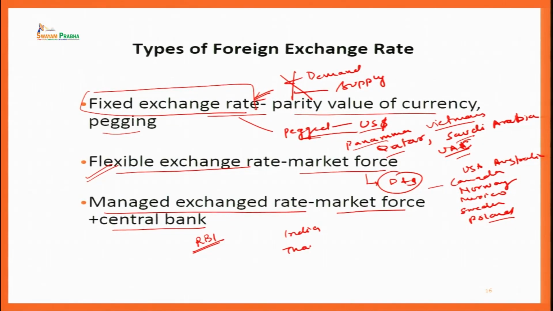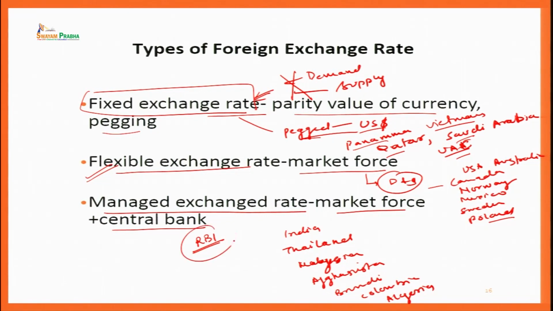So countries like India, Thailand, Malaysia, Afghanistan, Burundi, Colombia, even Algeria have a managed exchange rate, where you are not solely letting your country's economy be governed by demand and supply.